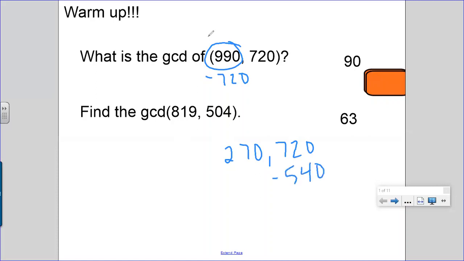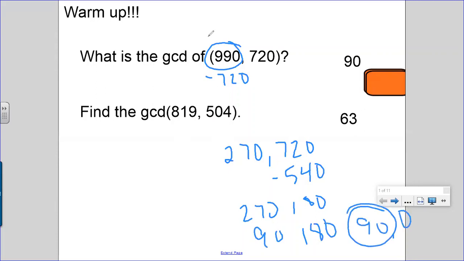So I'm going to subtract 540 because you can do it twice too. And so this gives me 180 and 270. And then I get 90 and 180. And then you realize you just get 90 and 0. So whatever number you end up with, the one that's not 0 is your GCD.